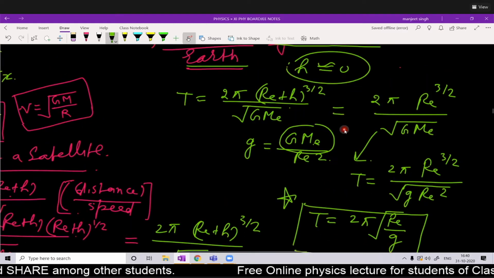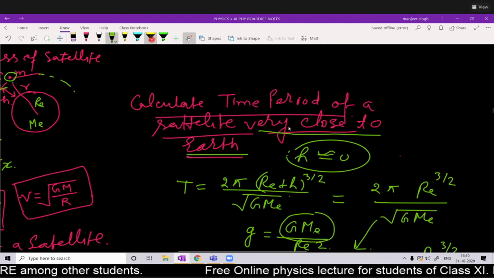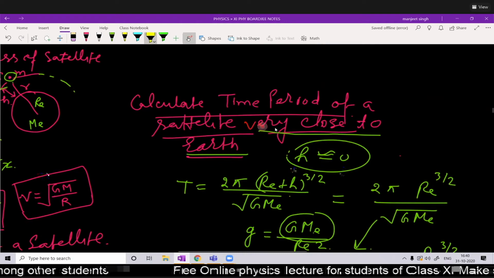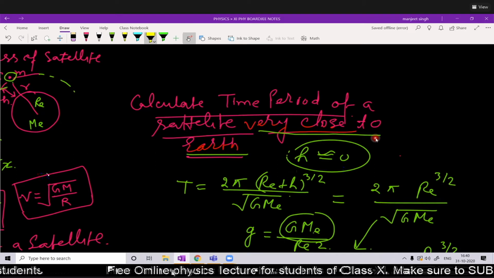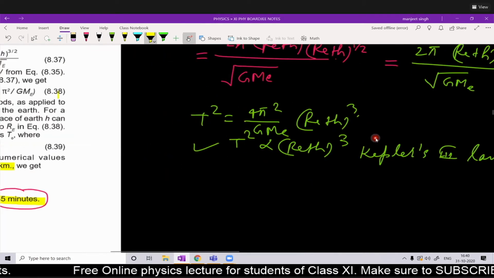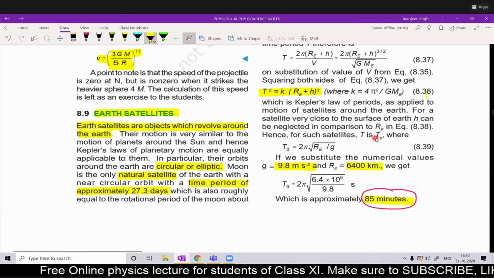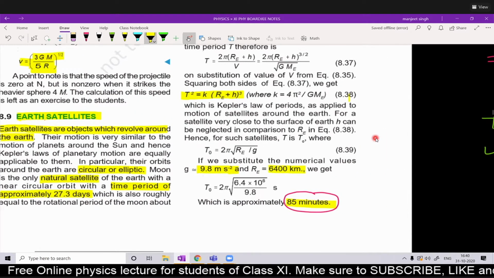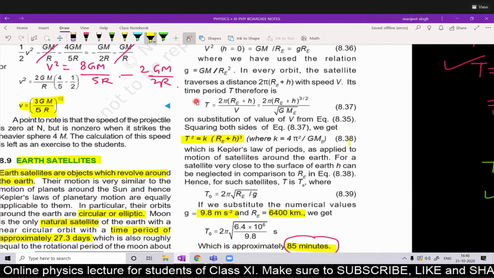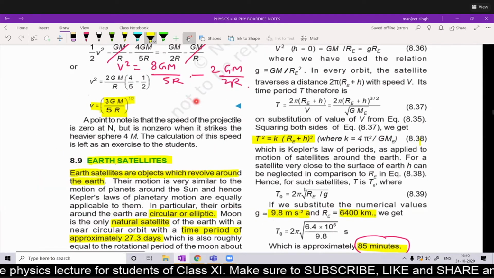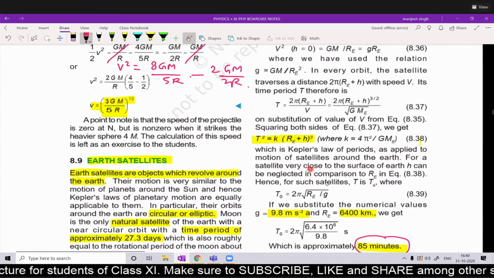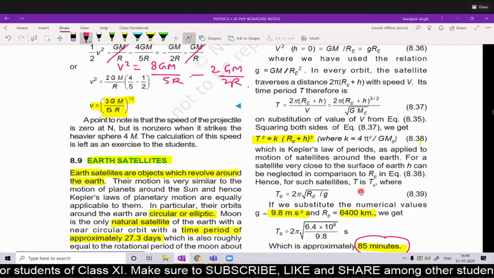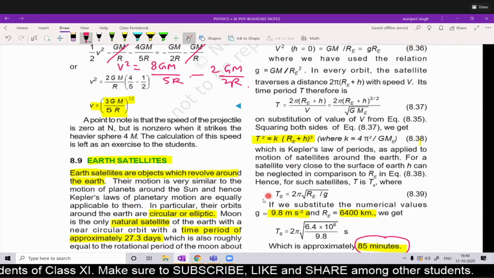This is the expression for the time period of a satellite very close to Earth. Remember that what we have calculated is the time period of a satellite very close to Earth. For such satellites, T0 is the time period, suppose.